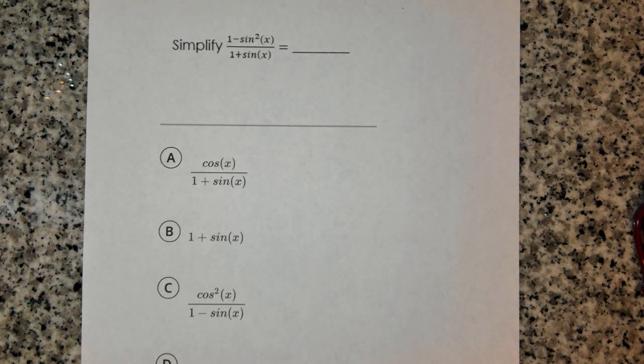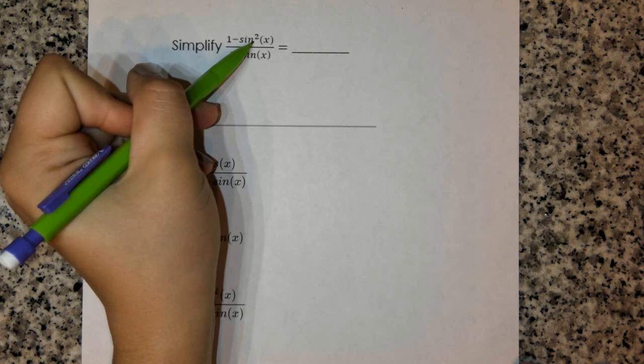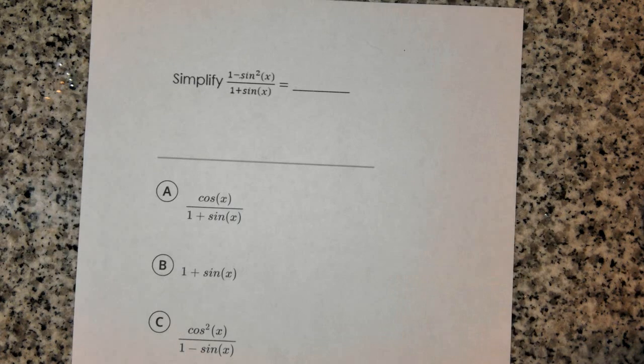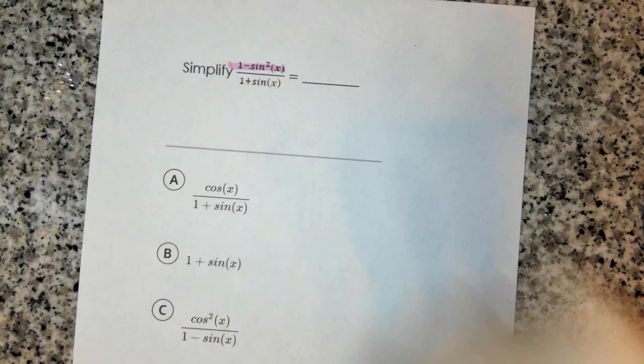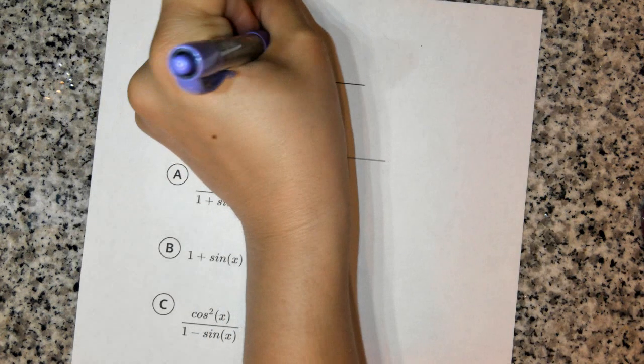So what I need you to understand is 1 is a perfect square, sine squared is a perfect square, and I'm subtracting them. This is a difference of squares.